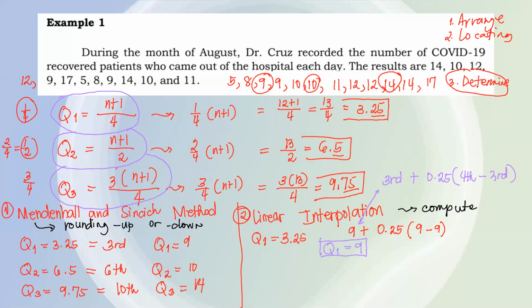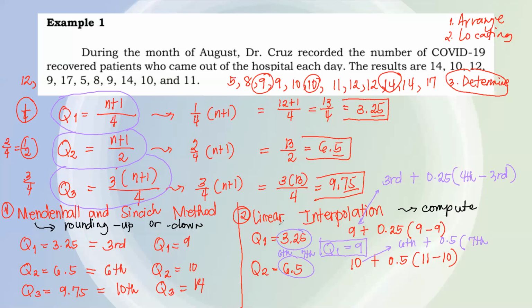How about for the second quartile? Sa second quartile po natin, that is 6.5. Siguro naman ito meron ng difference, no? So, ano yung sixth data natin? Ang sixth data natin ay 10 plus yung 0.5 ng difference nilang dalawa, 11 minus 10. Sulat ko po para maintindihan ninyo. So, this is the sixth data plus 0.5 times the seventh data minus the sixth data, kasi ito ay nasa pagitan ng 6 at 7.